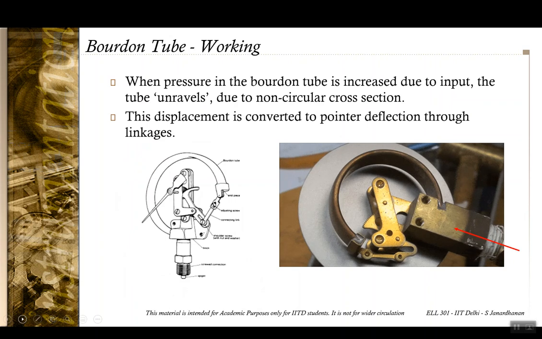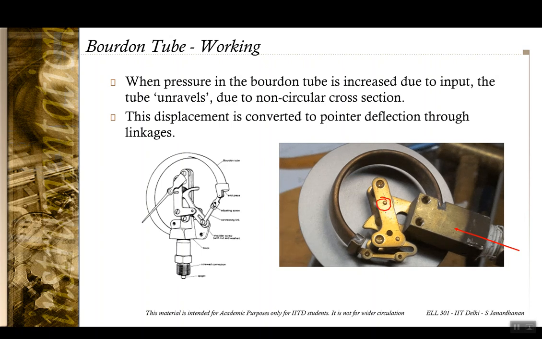So here is a schematic of a Bourdon tube and also a picture of an actual Bourdon tube in action. This red arrow indicates the inlet. When the pressure is increased, you see that this end cap is moving, and due to the linkage this is translated by a mechanical linkage to a motion of a gear placed here.